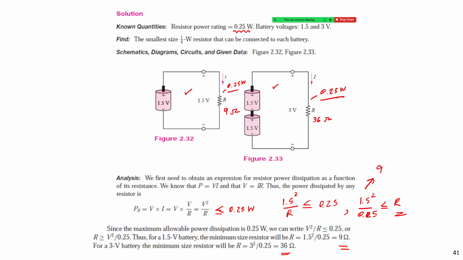Okay, are you following? So in this case, if you select the resistance 9 ohm, the current I is V by R. So I is 1.5 divided by 9 here. But in this case, the current would be 3 divided by 36 here.